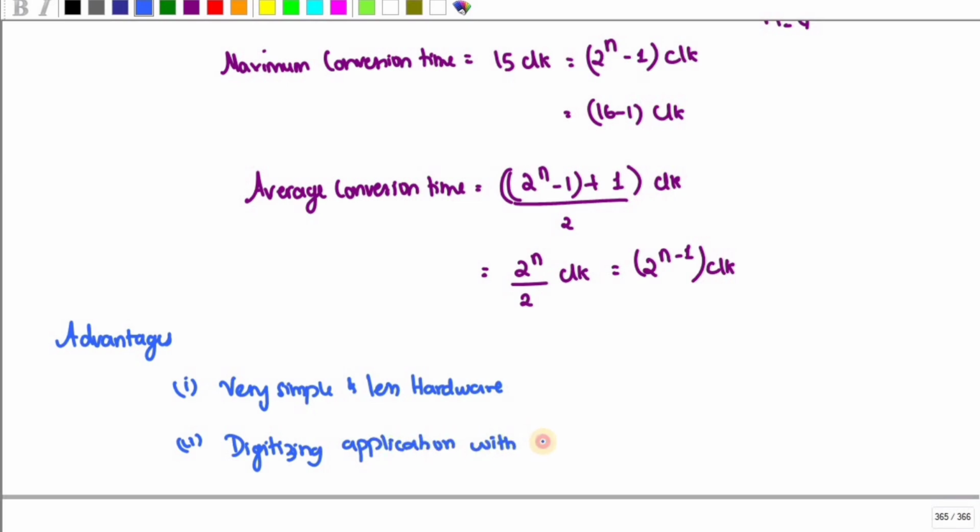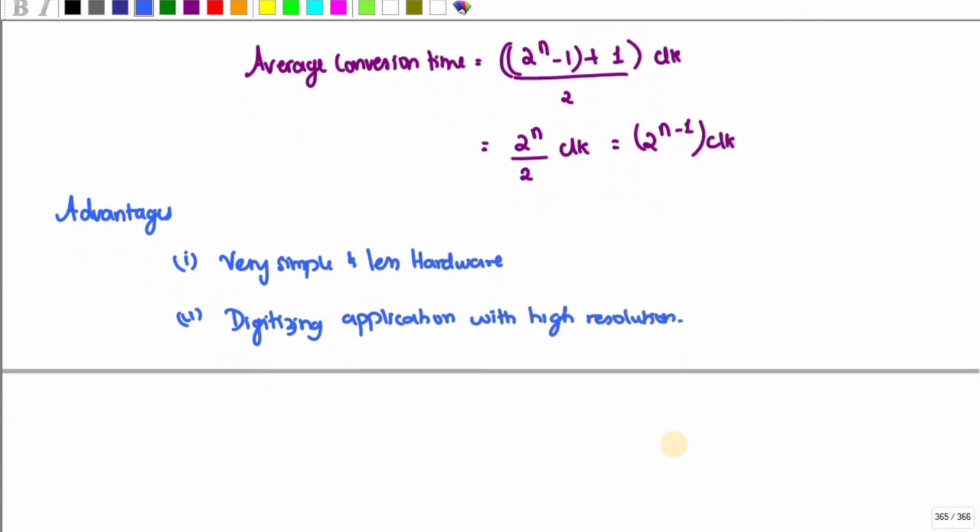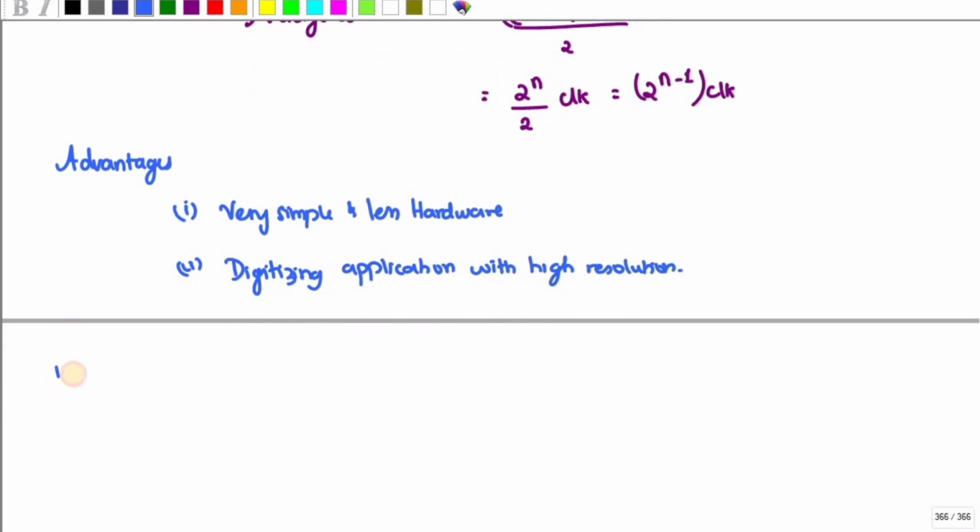So what are the disadvantages? I have already told you that if the input is higher, that is if the input is 14.99 volt, it will take more time to convert, right? More time to convert.